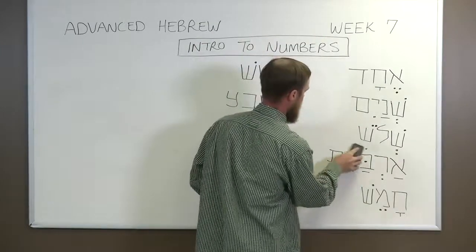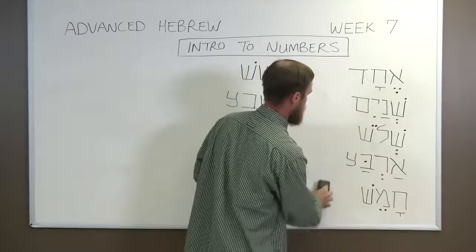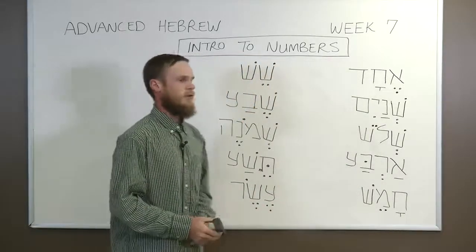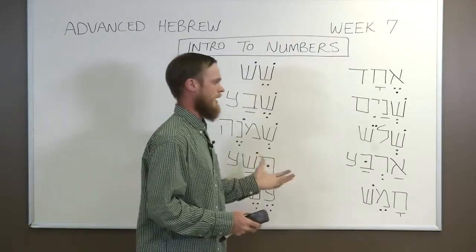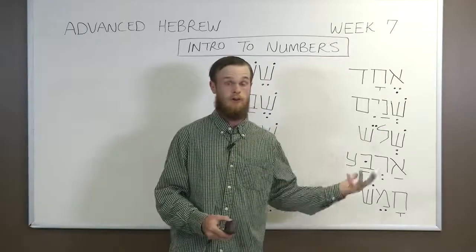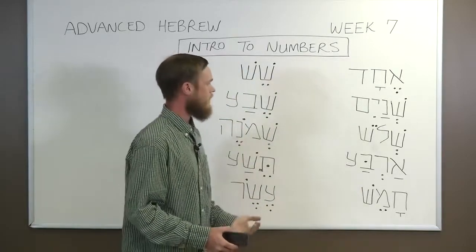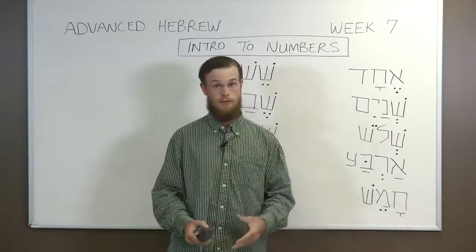If you know the adjective form and the rules about the construct state, then you can reconstruct all of the construct state forms. But anyway, that's the general rules behind doing that. So these are the cardinal numbers. These are numbers that represent quantity, 1 through 10, and they can be used as adjectives or they can be put in the construct state.